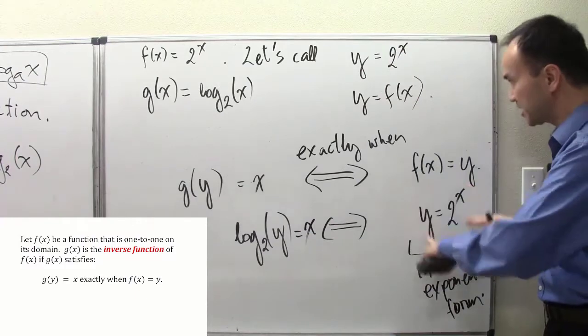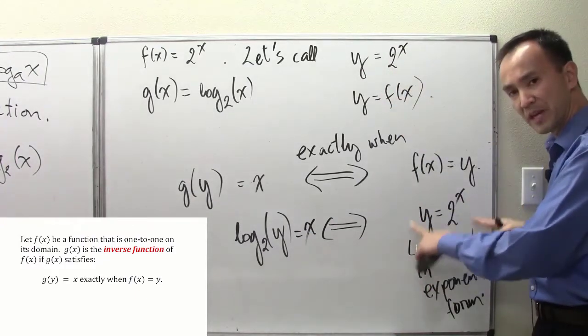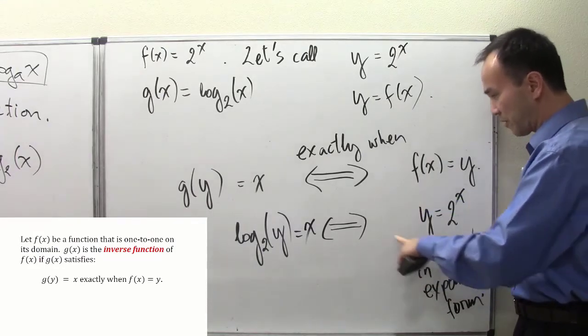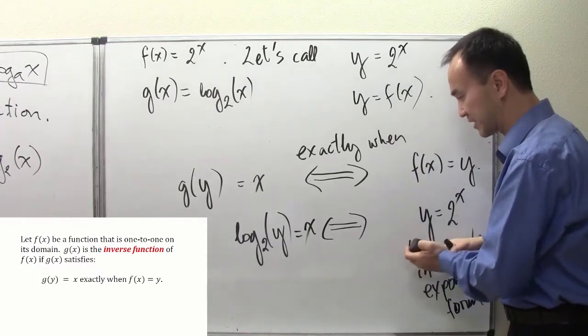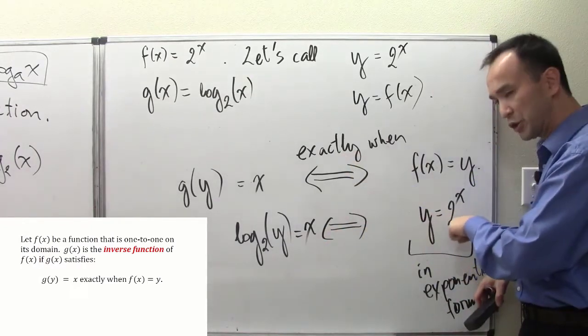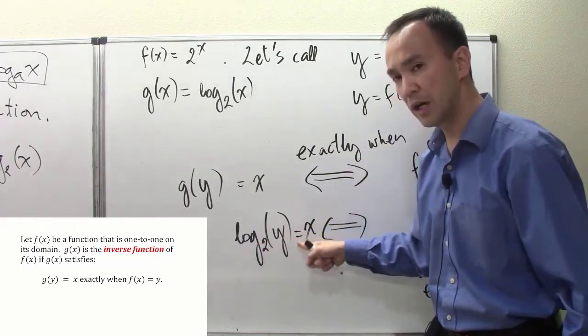So from this known form, y equals 2 to the x, our equation appears to be in exponential form, and it's logically equivalent, or if and only if, or exactly when. So y equals 2 to the x is exactly when log base 2 of y equals x.